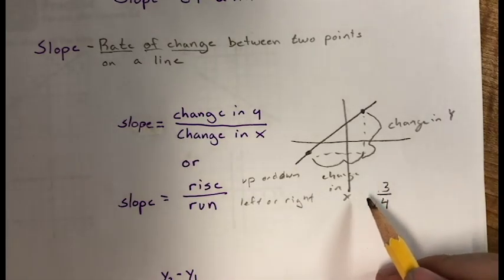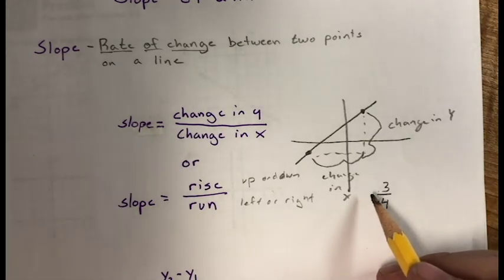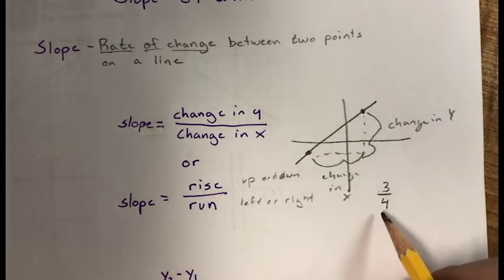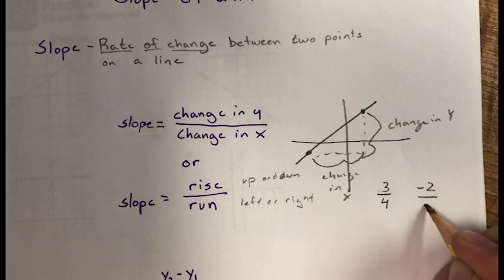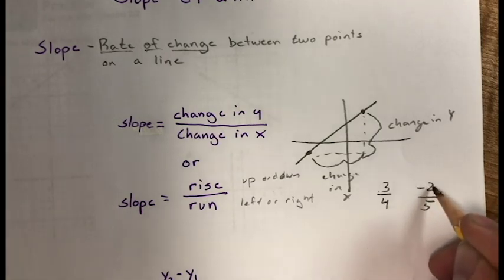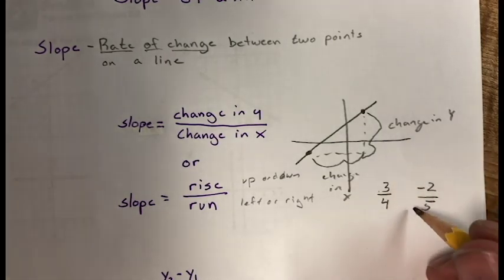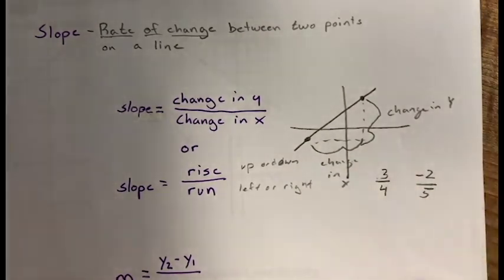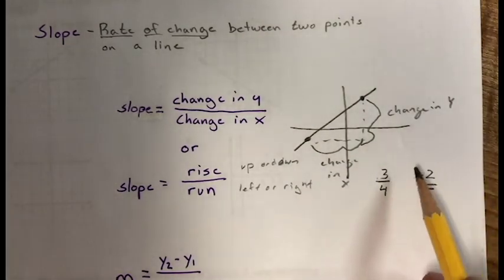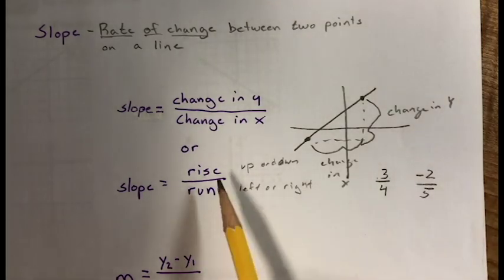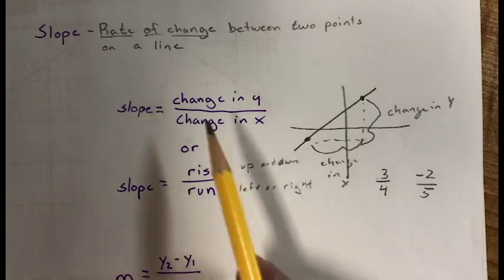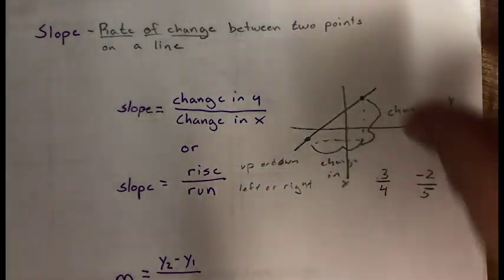Well, hopefully you thought positive. Since this is a positive 3, it means I would go up. And if you saw this as a positive 4, and positive 4 means you go right, you'd also be correct. But what would happen if I gave you -2/5? Well, this negative is telling me to go down, while this is telling me to go right. So just keep that in mind. The sign of that number tells you whether you're going up, down, left, or right. And it's always rise over run, the change in y over the change in x.